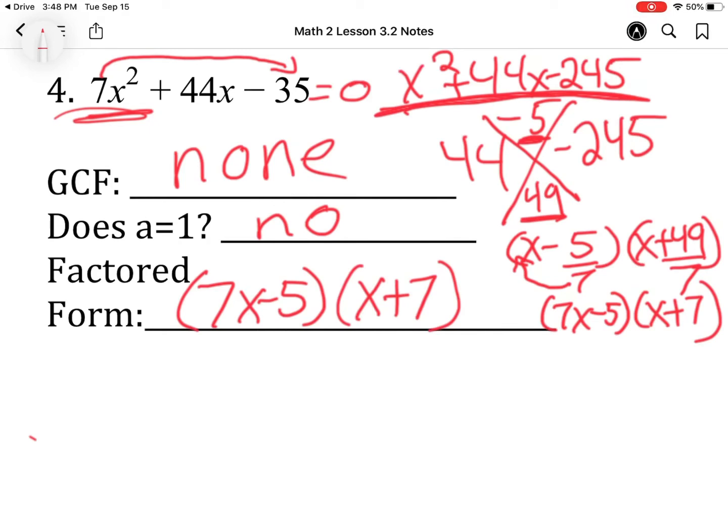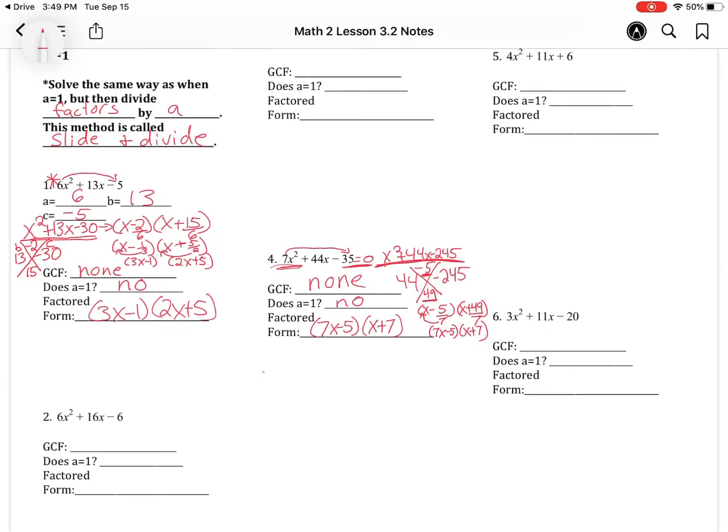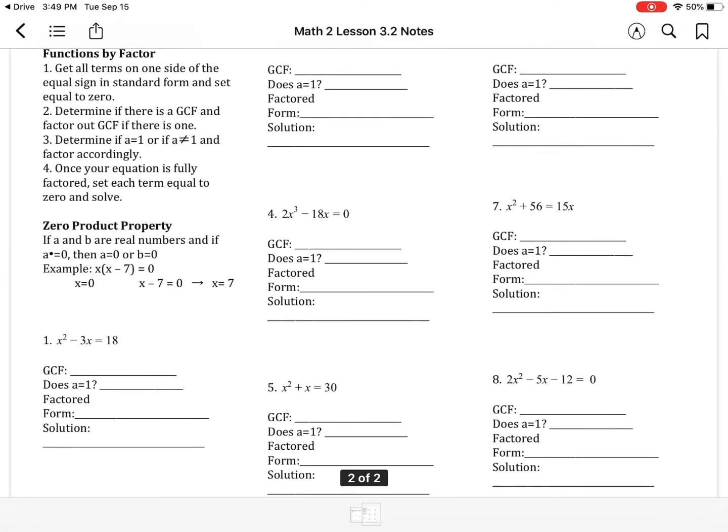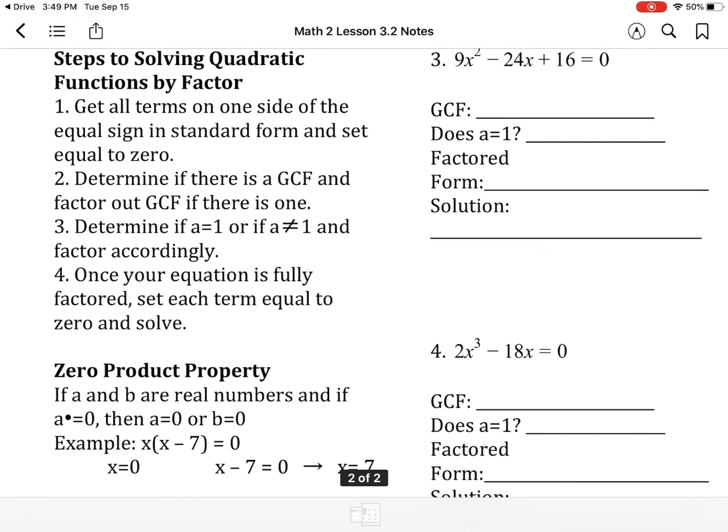Now, the reason why I added this to equal to 0, the rest of your lesson 3.2 talks about taking this and finding your solutions. So if we go to the second page, and you can pause it for a second, all of this is saying is that you're going to get it to your factored form, and you're going to take each part of your factored form and set it equal to 0.